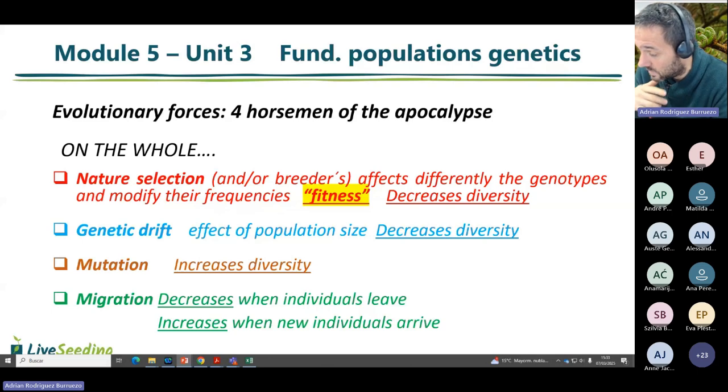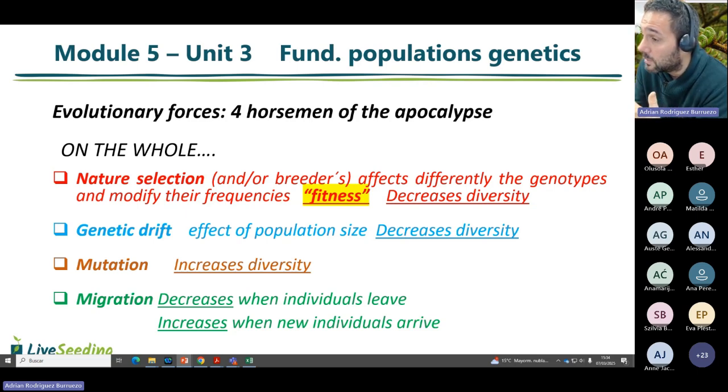By contrast, individuals with a lower or worse response to natural selection, or not preferred by breeders, have a fitness close to 0. And that means that only a lower amount of these genotypes or individuals will pass from the young stage to the adult stage. And then they will provide the generation with a lower amount of offspring. Okay, so this is how natural selection or breeder selection works through the concept of fitness.